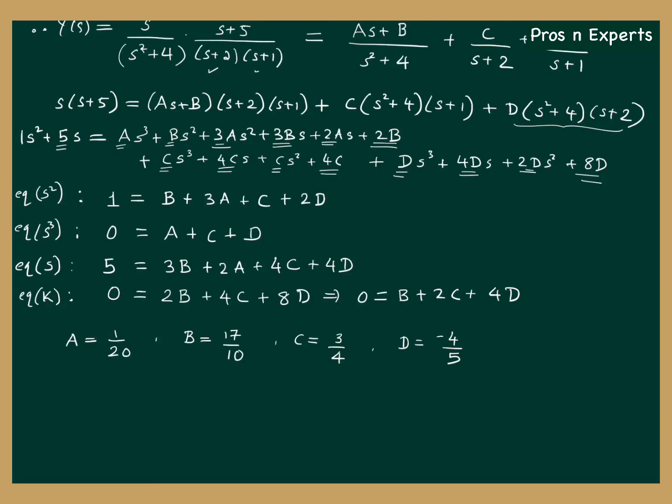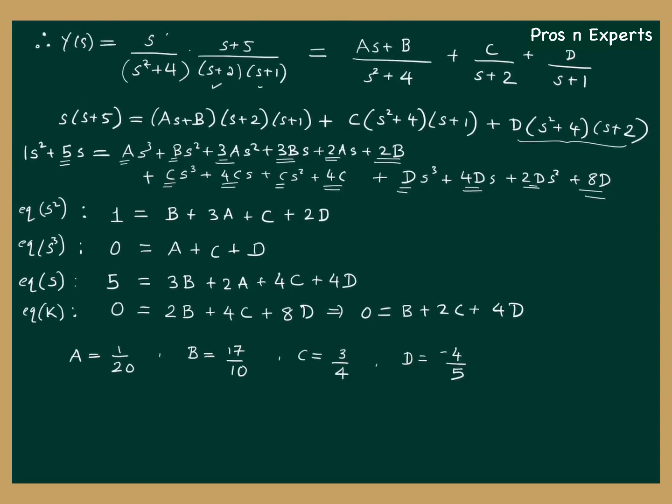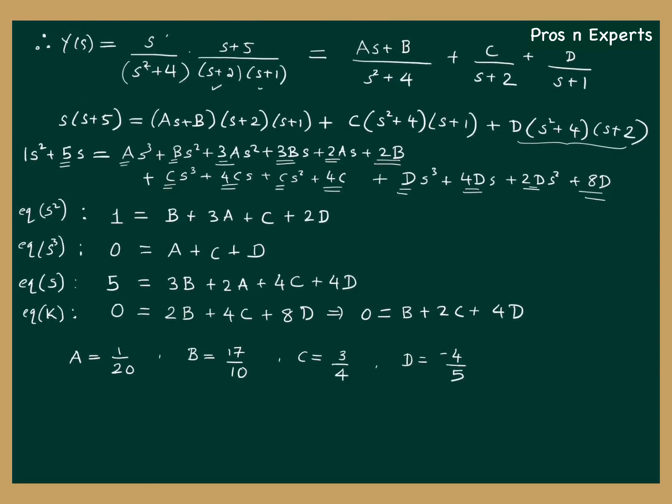Now you have to listen carefully. We posited this equation where we had a, b, c and d, and now that we have got the values of a, b, c and d, put these values in the equation.